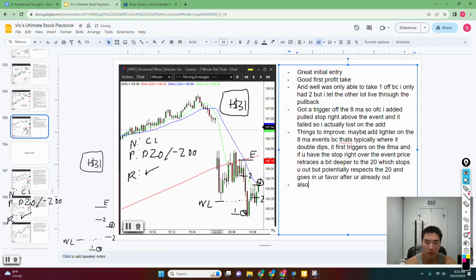Also, could have traded this trade like the second leg. Yeah.